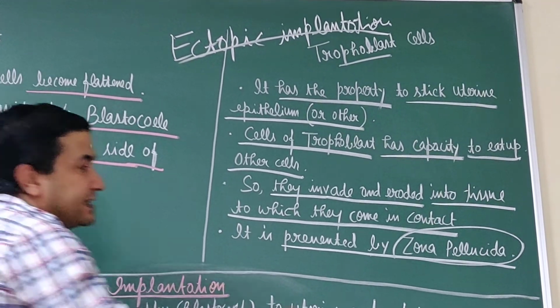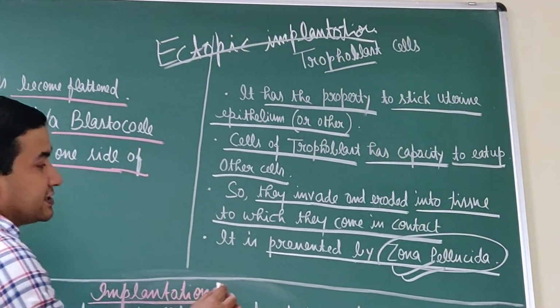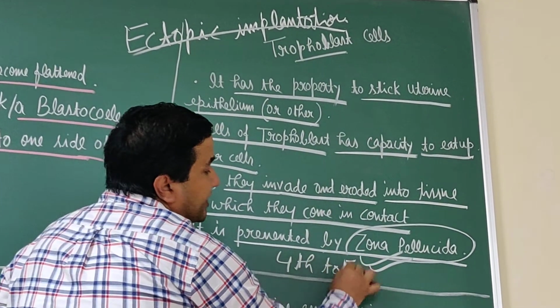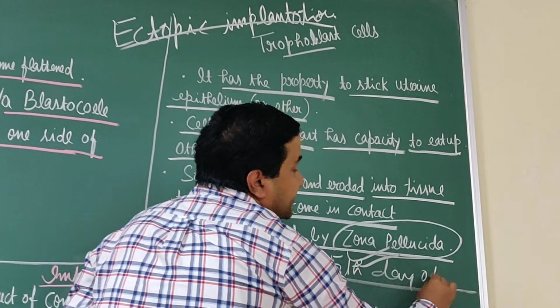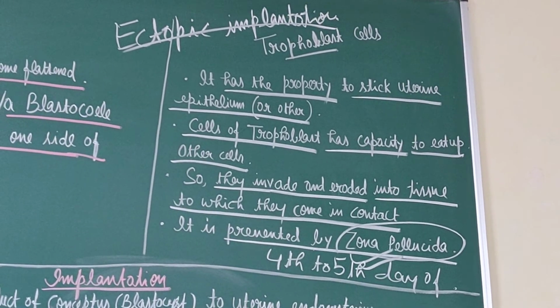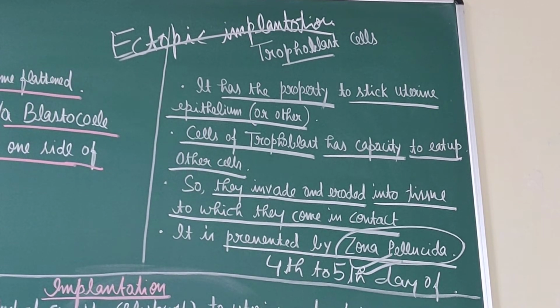So this is another function of the zona pellucida, and it disappears at the 4th to 5th day after fertilization, when the blastocyst reaches the normal site of implantation.